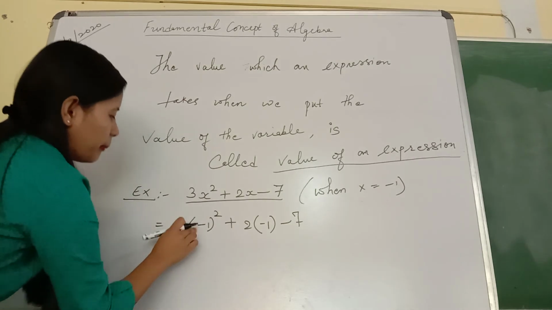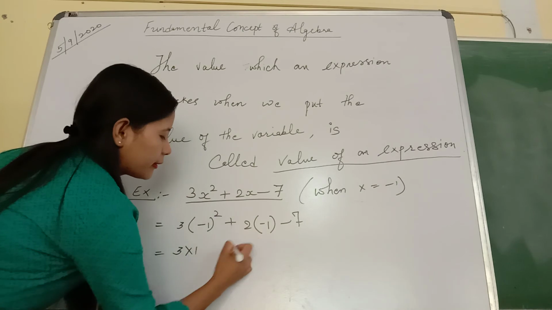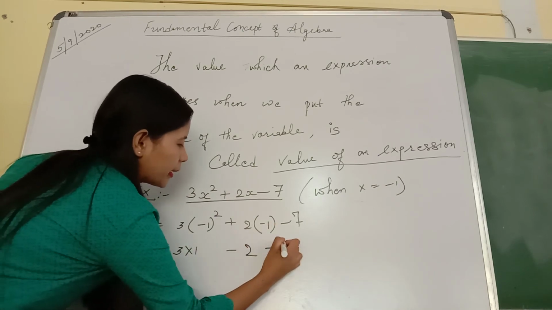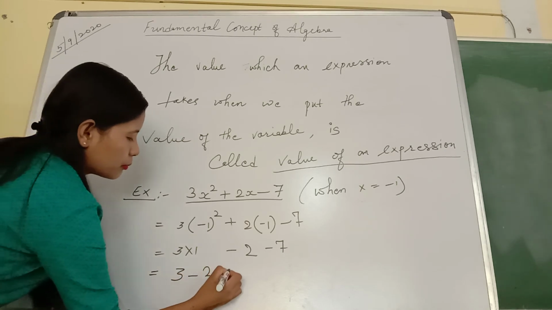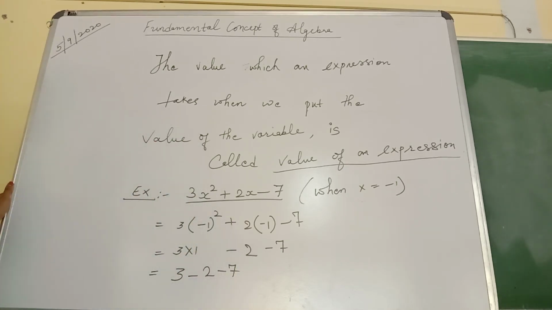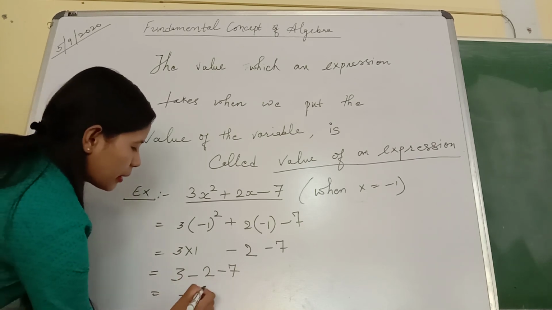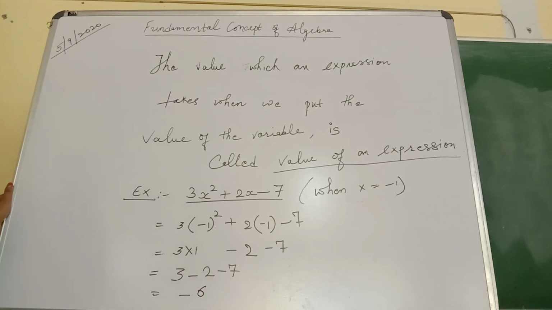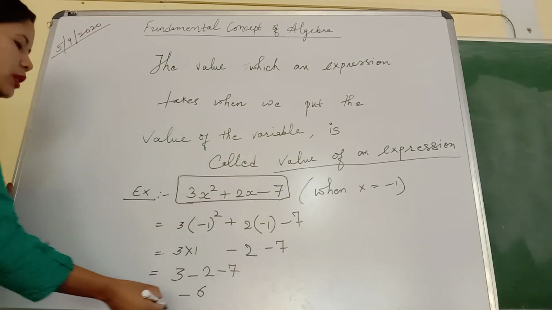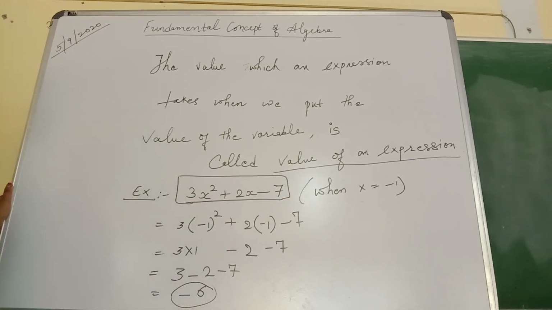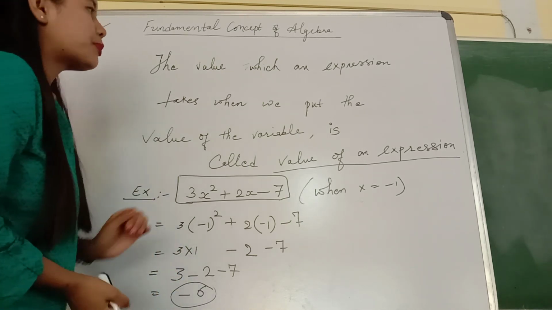Minus 1 squared is 1, so 3, plus minus 2, and minus 7. So 3 minus 2 minus 7. 3 minus 2 is 1, and 1 minus 7 is minus 6. So the value of this expression when x equals minus 1 is minus 6. This is how we find the value of an expression.